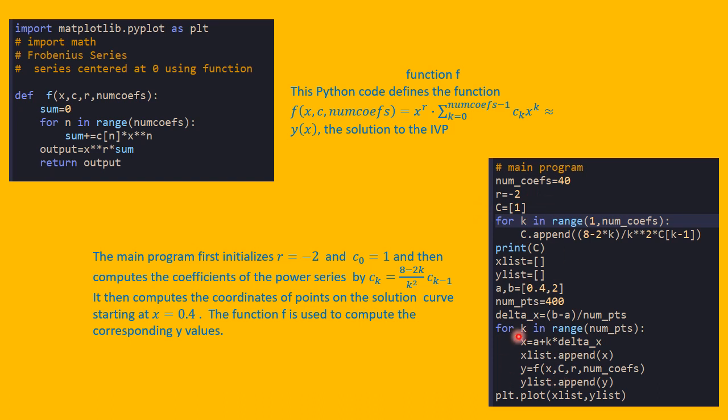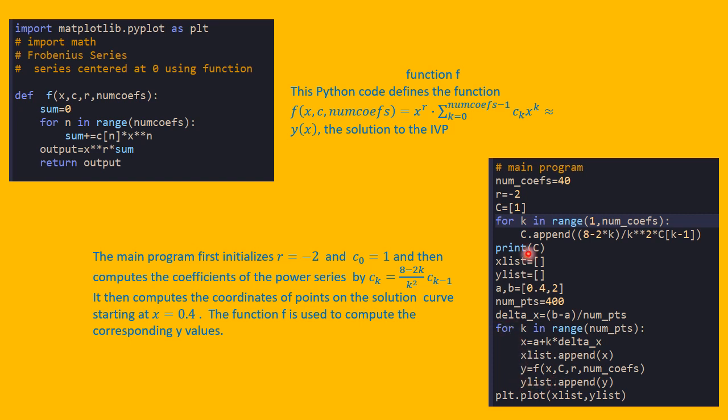Over here is the main program, and down in this main program we will see at this stage that we call that function f and compute its value at some value x, and then we're going to append that value of y to a list which we call y list.